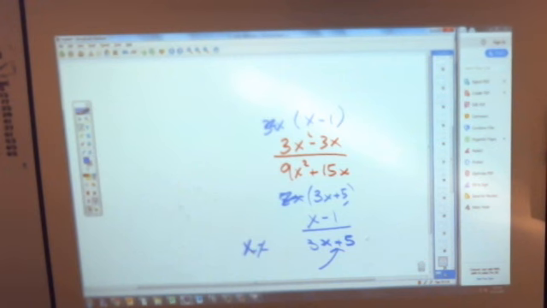If you would just use your math skills, why don't you make an equation? Go 3x plus 5 equals 0 and solve it. Write on your paper 3x plus 5 equals 0 and see what you get for an answer. It's not nice and neat, but it is an answer. 3x plus 5 equals 0. What do you get?